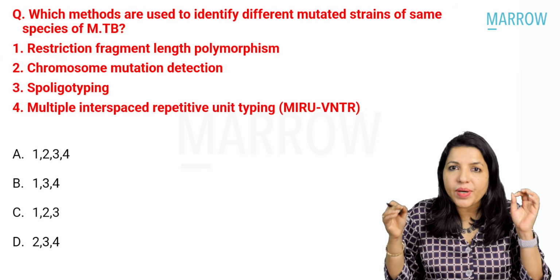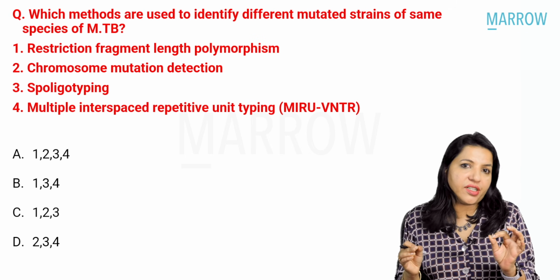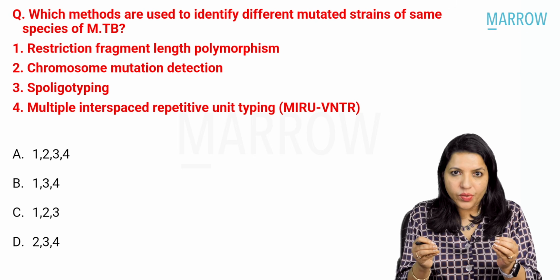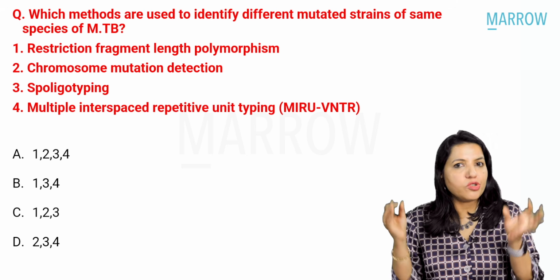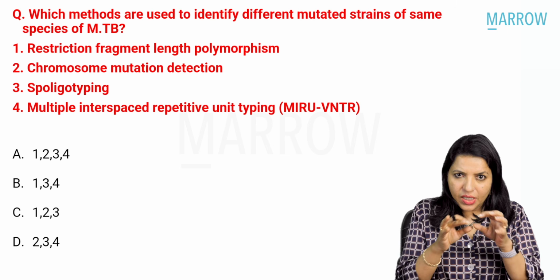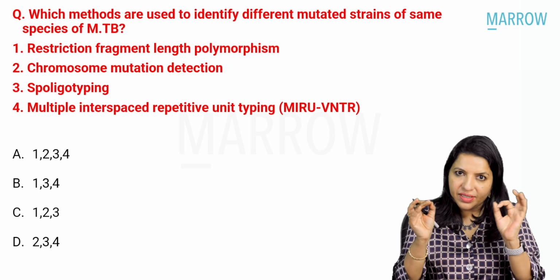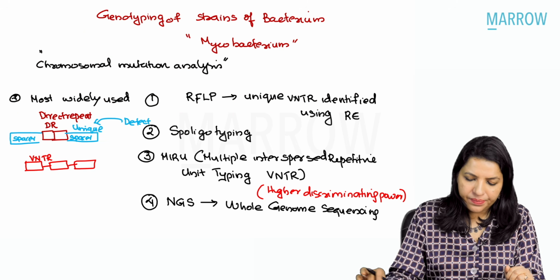So in Mycobacterium tuberculosis, what is the genetic material? DNA is the genetic material, which means this is a change in the sequence, or a mutation, in the DNA of Mycobacterium tuberculosis. So we have to find something which sequences the DNA. That is the clue here. Various techniques are given here, and we'll see them one by one.